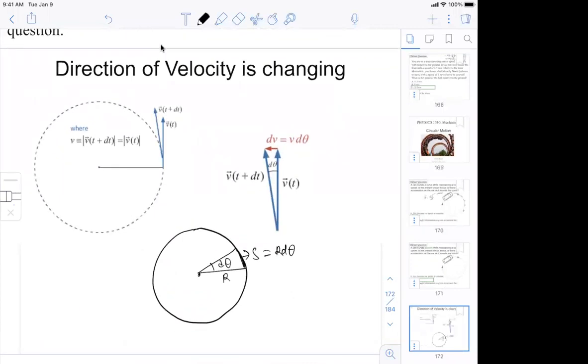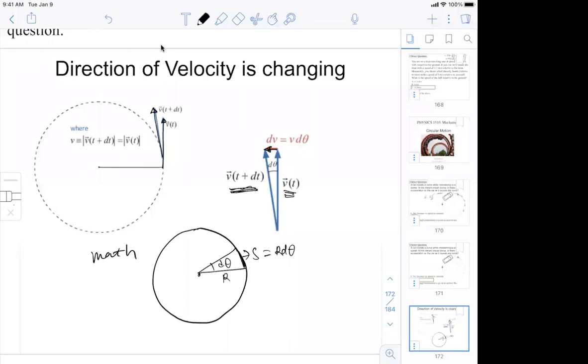You can see the velocity at two different instants. This is the first instant, tangential direction, and next time is in this tangential direction. So the change is described by dv, right? Because v and the change of v are so close, you can view these two as the same magnitude. This is a little bit of math.